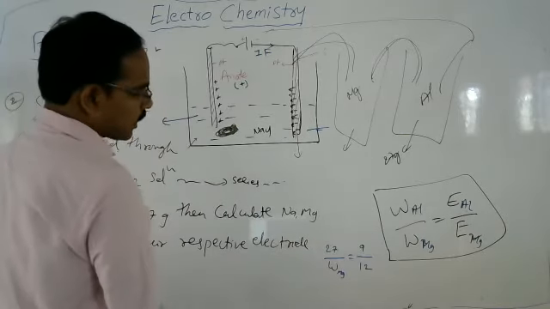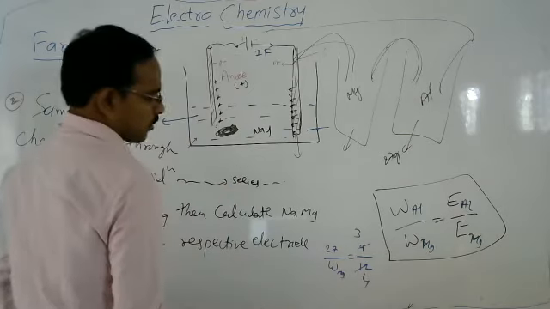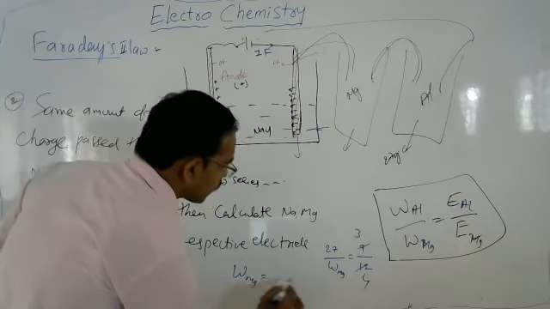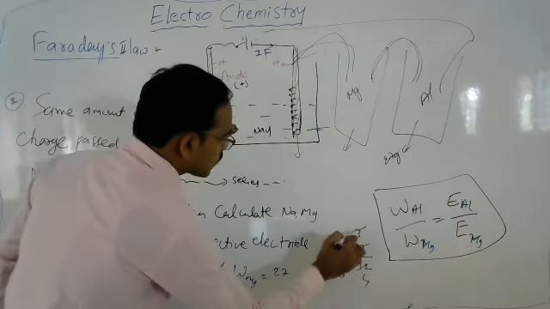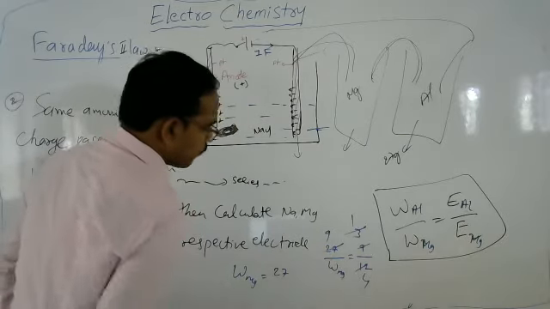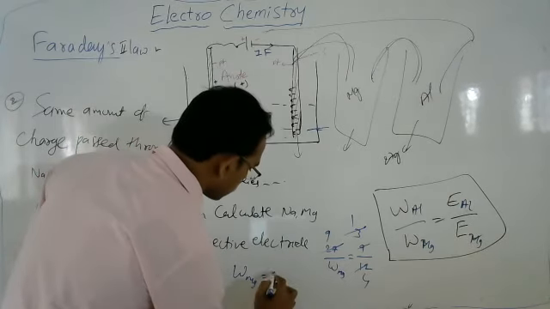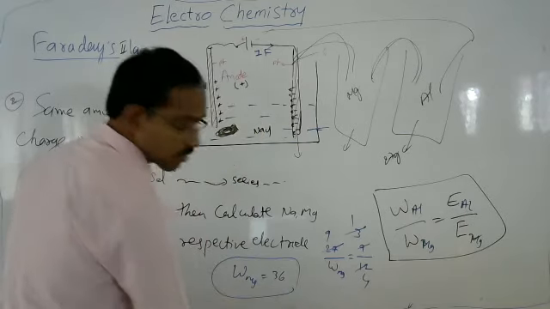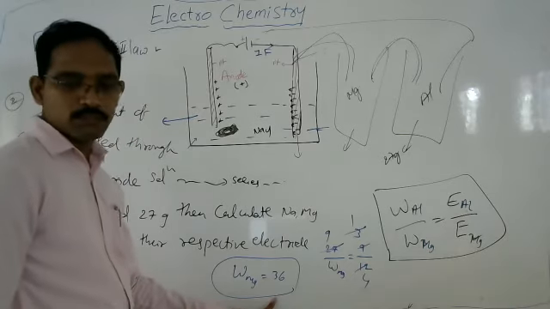Then do the calculation. 3 and 4, so W magnesium equal 27, 3 1 is 3, 9 is 9 into 4, 36. Magnesium is 36 grams.